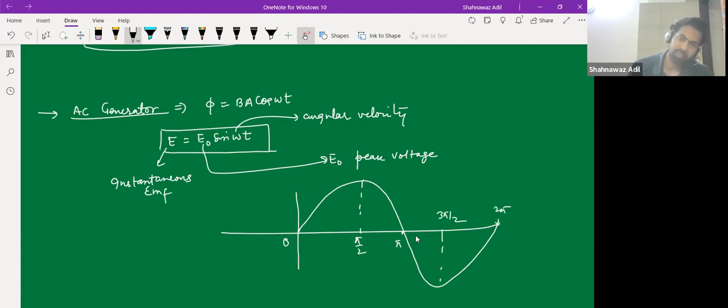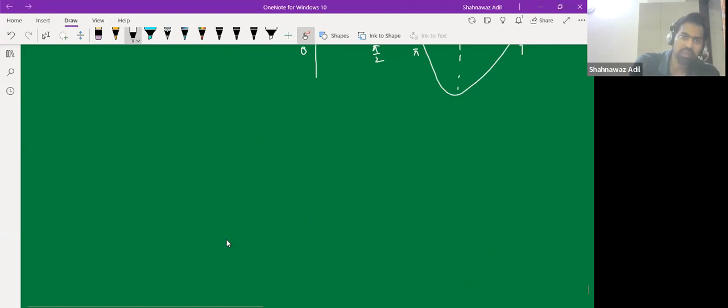So the total time was T, this was T by 2, and this was T by 2. And this point was the peak voltage.